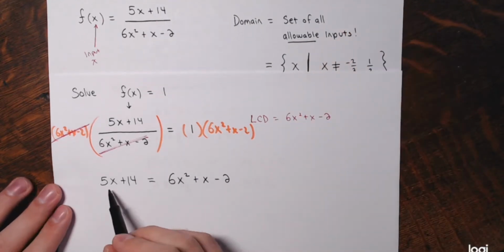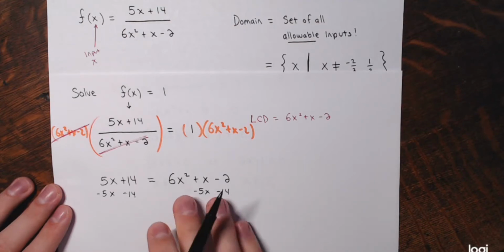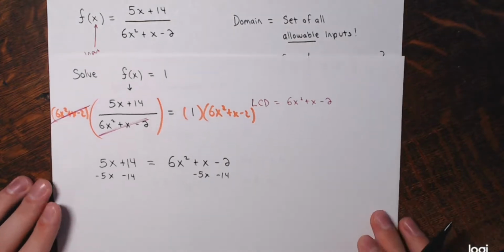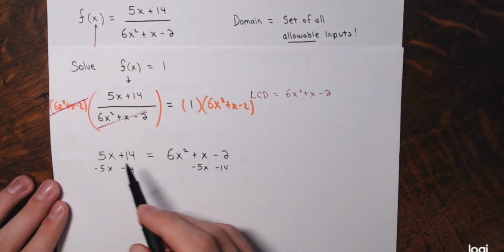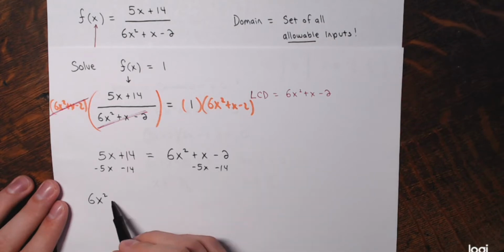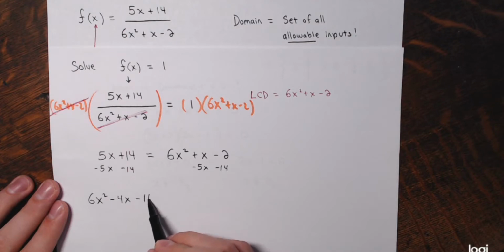Right. Then polynomial equation, right? Take away 5x from both sides, take away 14 from both sides, and then you know me, I like to have all the stuff on the left, just a personal preference. So switching sides, we have 6x squared minus 4x, and then minus 16, right, equals 0.